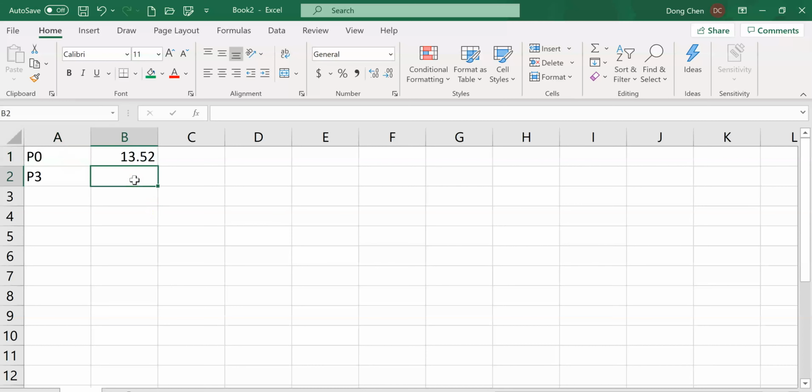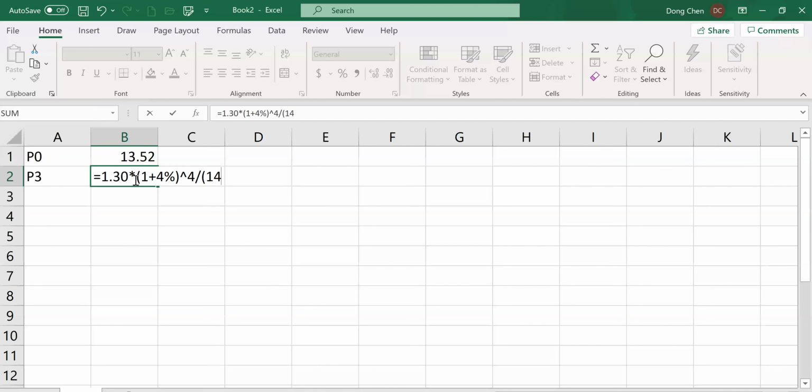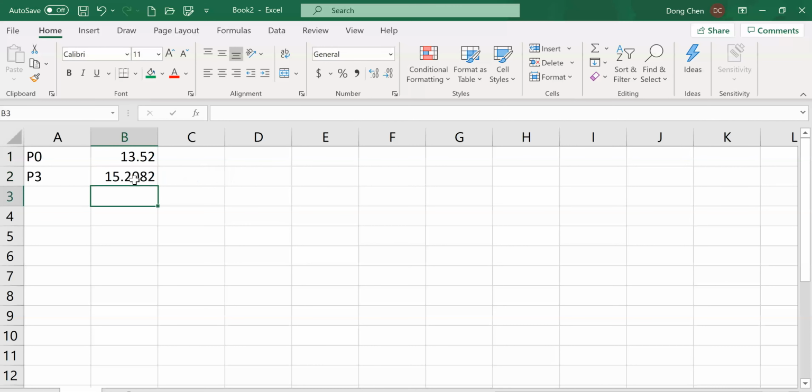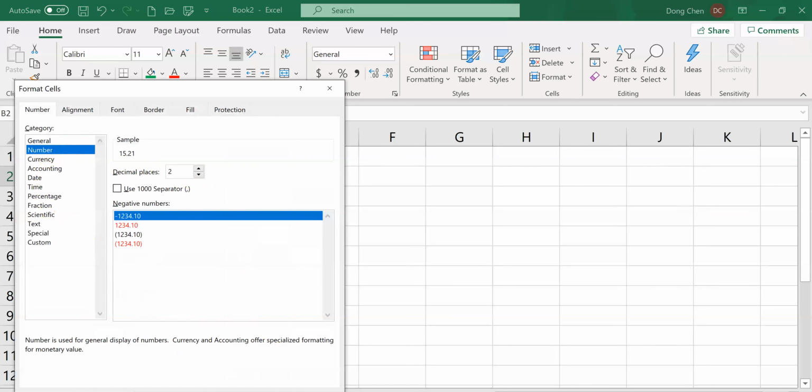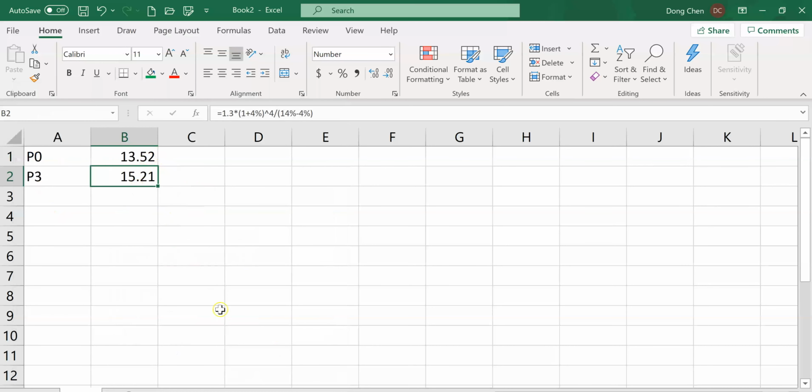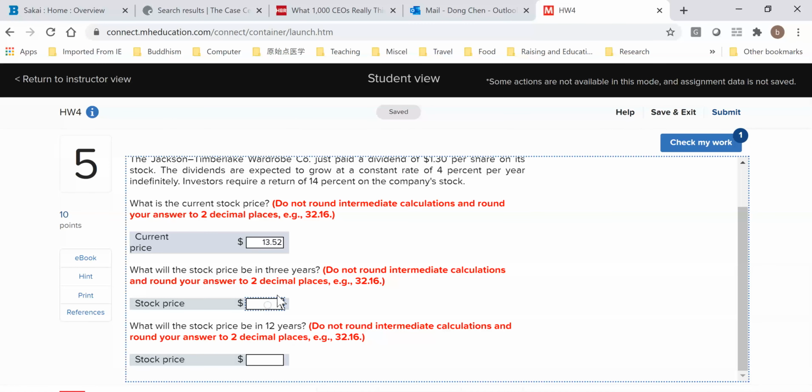So the numerator will be 1.30 times 1 plus 4%, the growth rate of dividend, the small g, raised to the power of 4, as we just talked about. And then the denominator is the same as before, which is 14% minus 4%, right? Then I need to change the format to keep only 2 decimal places. So this will give me 15.21, right?